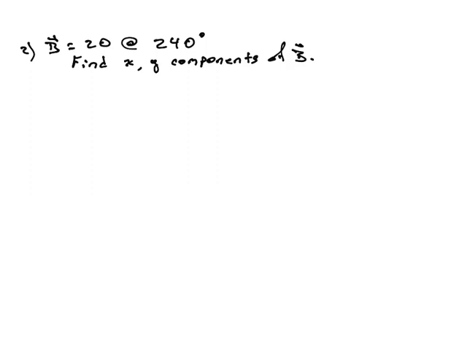All right, so let me draw this out so we can see what it looks like. Here's the x, here's the y. And then our vector B is an arrow that points at 240 degrees. So if you remember, this is 0, 90, 180, 270.